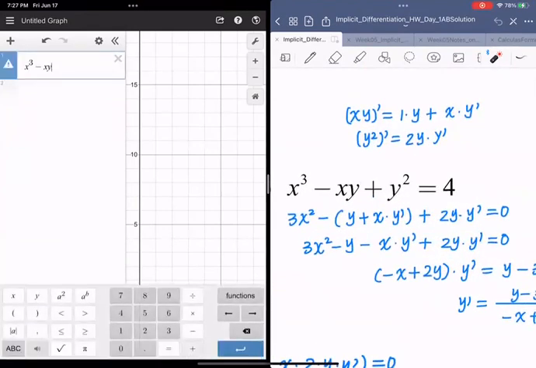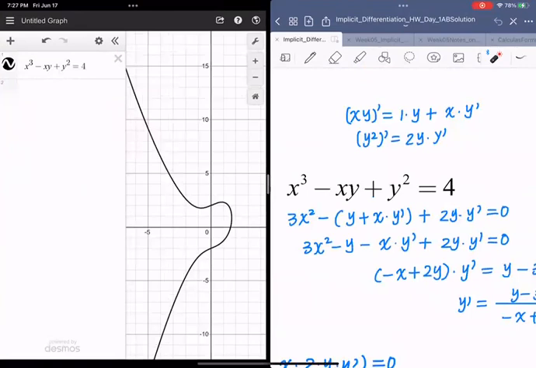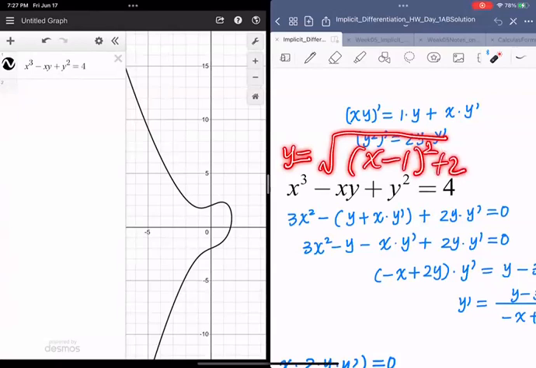I'm showing you guys here. You might wonder, what's this? What does this represent? You see, it's a curve like that. You won't be able to figure out the y equals, for example, you have this equation. You want to rewrite this as, for example, y equals square root of x minus 1 squared plus 2, and do a vertical compression and do the vertical shift.